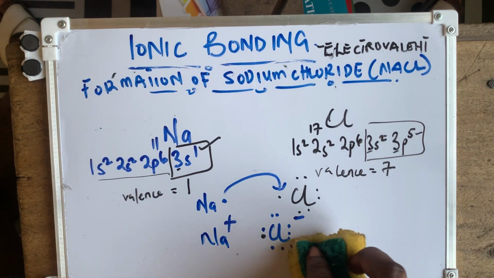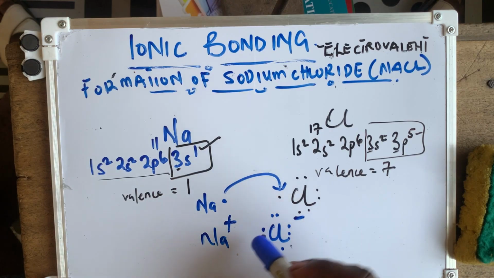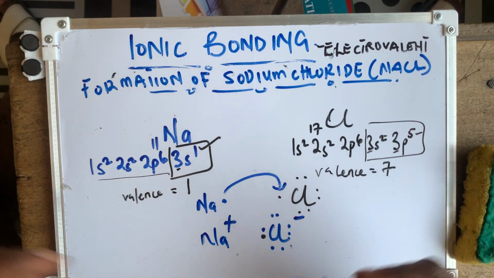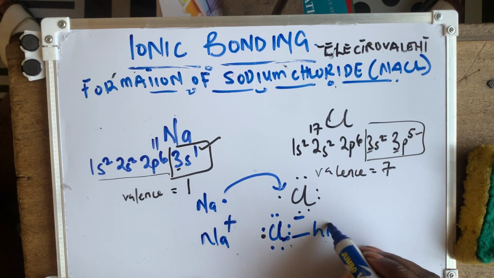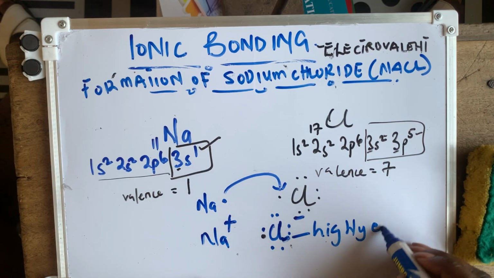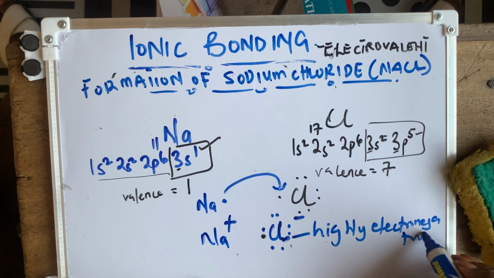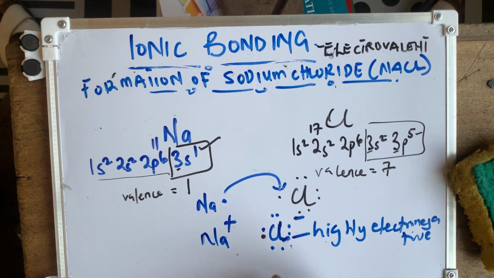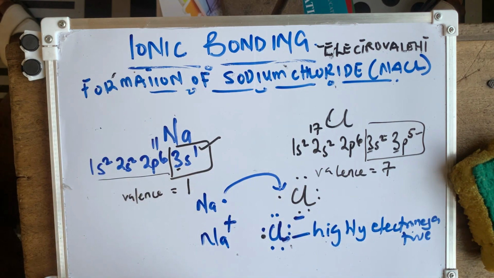Electronegativity is the ability of an atom to attract the bonded electrons more onto itself. So chlorine is highly electronegative than sodium. That is to say, when it receives the bonded electron, it attracts the electrons more onto itself.